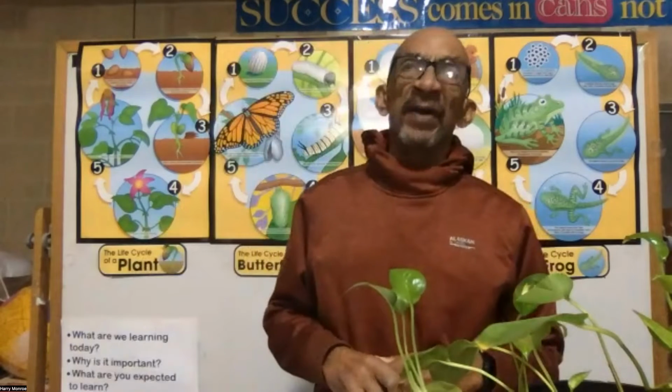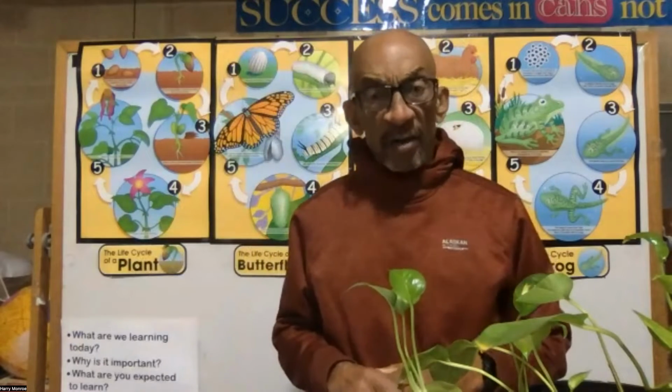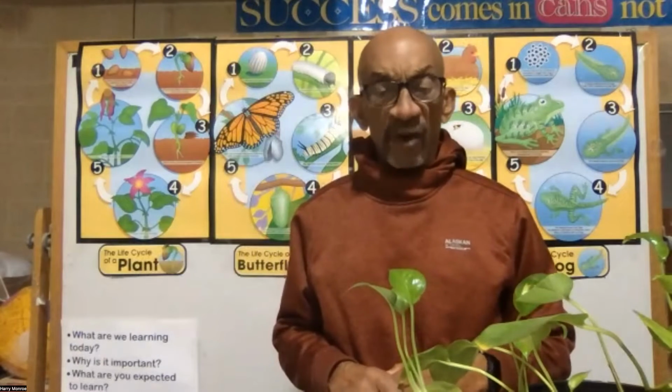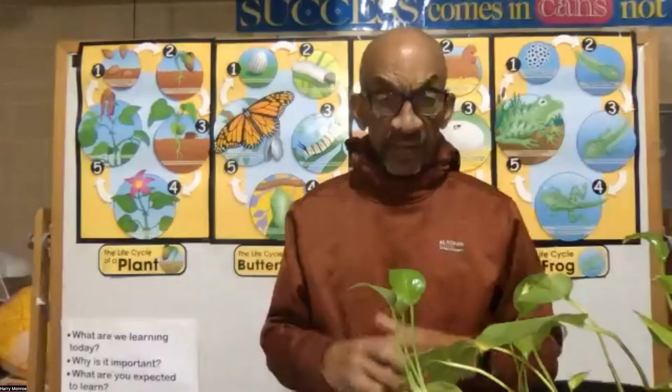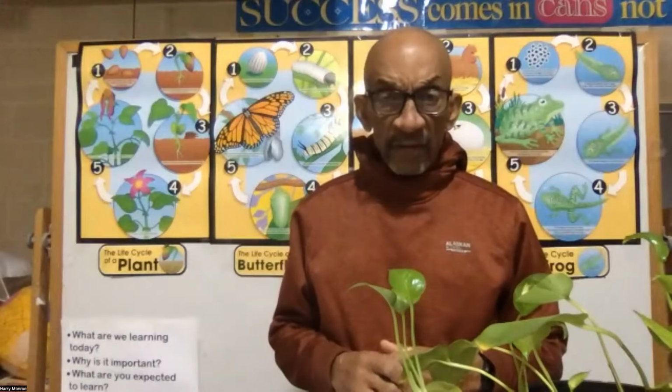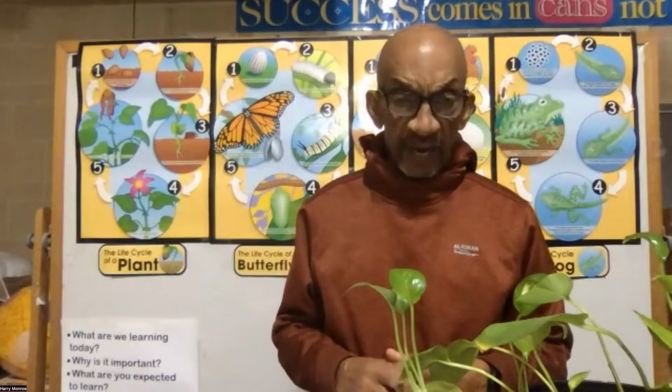Now, as far as the basic needs, let's start out by talking about how living things are made up of little bitty tiny, I guess you might say, the smallest unit of life. They are called cells. Every living thing is made up of cells. And these cells have very special jobs that they do.